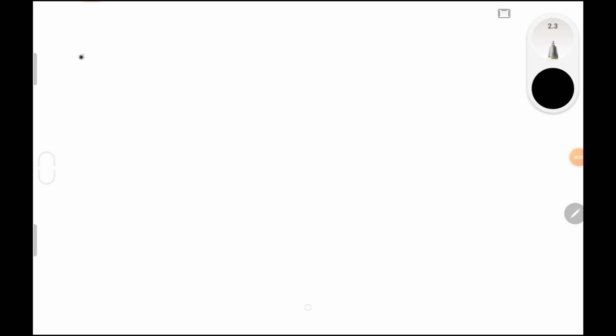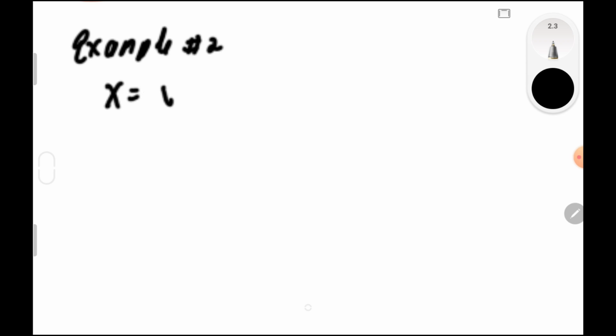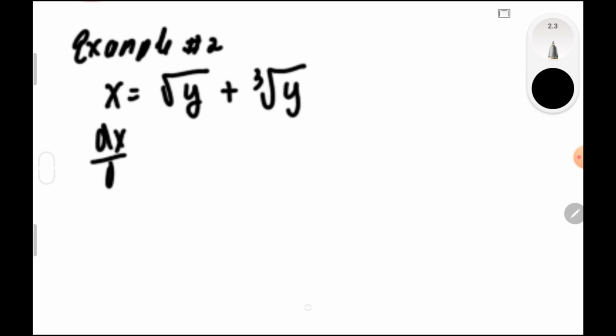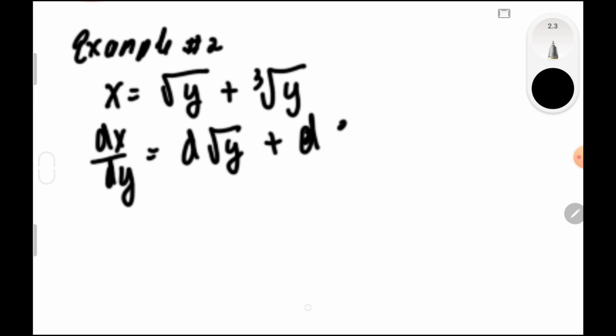Example number 2, we have x is equal to square root of y plus cube root of y. So let's perform dx over dy, wherein we have the derivative of the square root of y plus the derivative of the cube root of y with respect to dy.